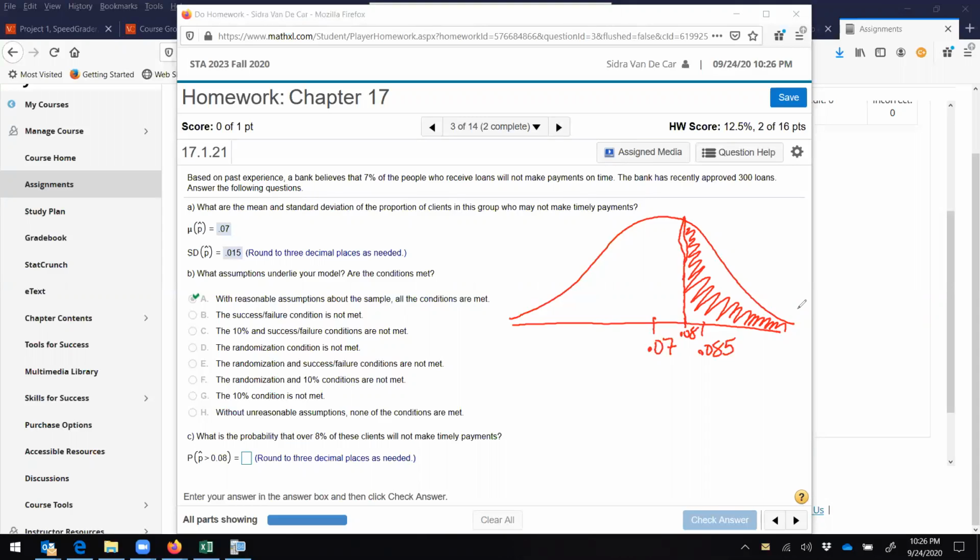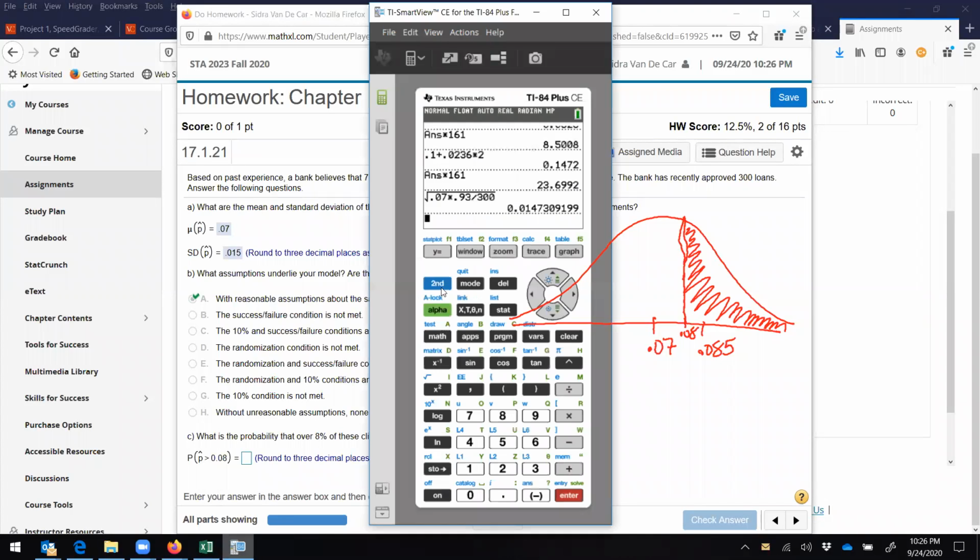So now to get that area under the curve, remember we're using the normal CDF key. So I'm going to go over to my calculator. I'm going to do second distribution, normal CDF. My lower bound is the 0.08.